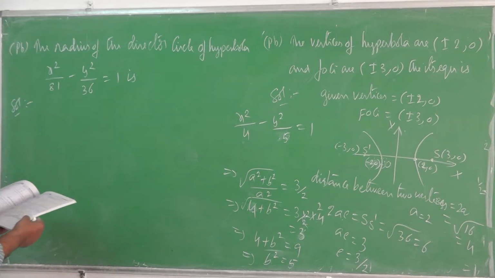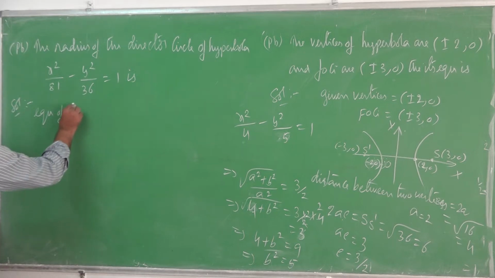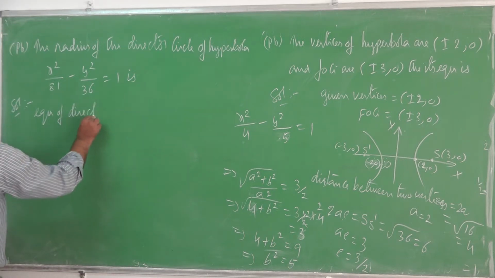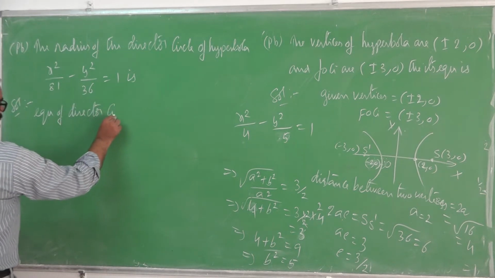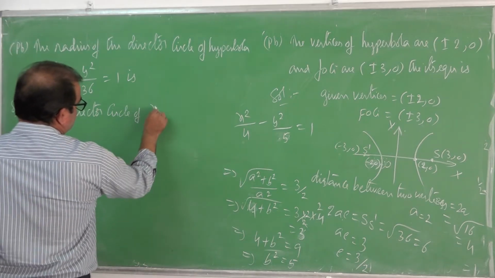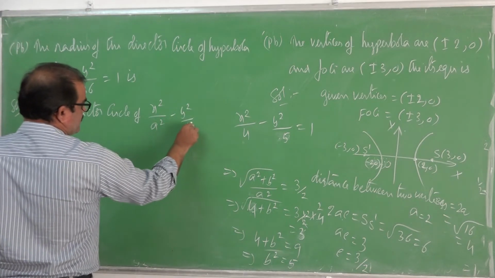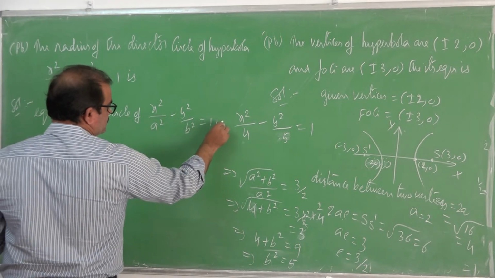First write the formula for the equation of the director circle of the hyperbola x square by a square minus y square by b square is equal to 1.